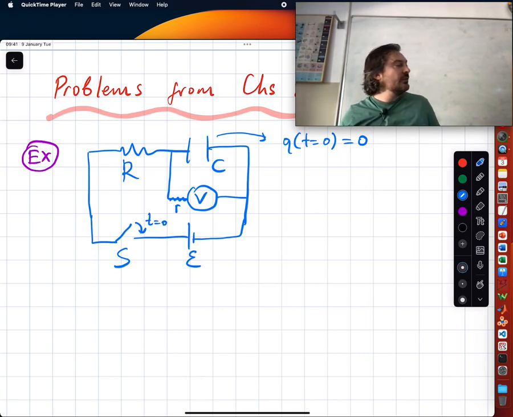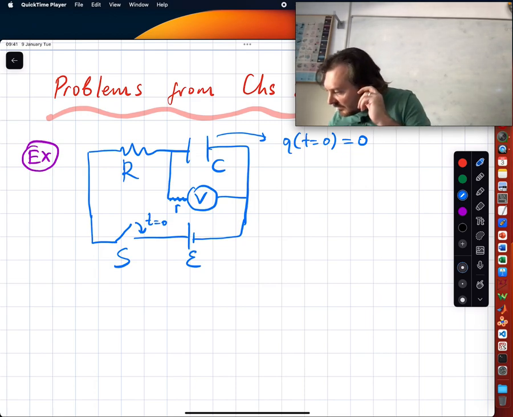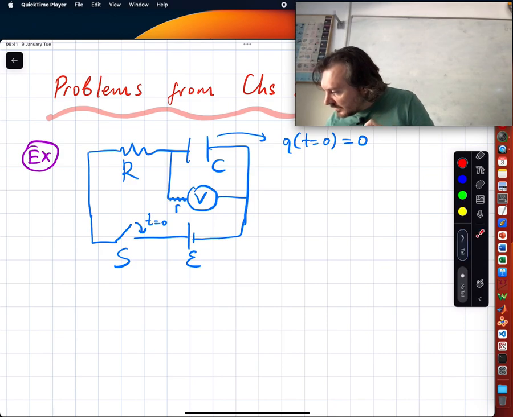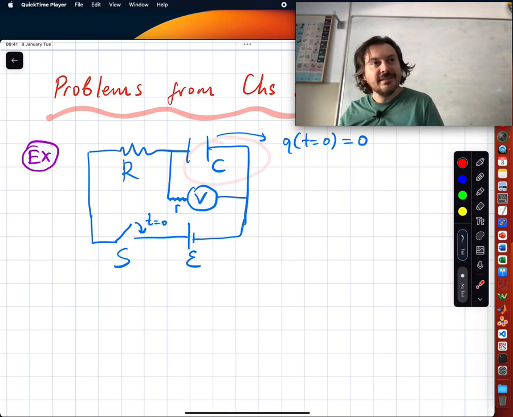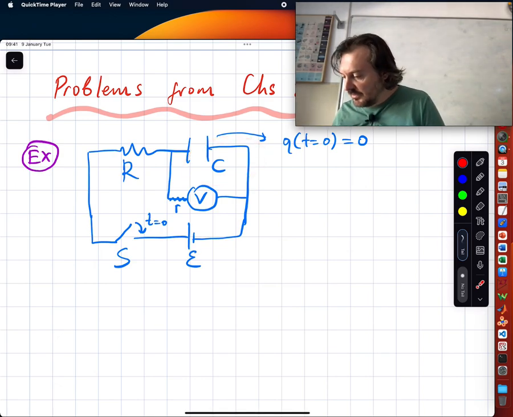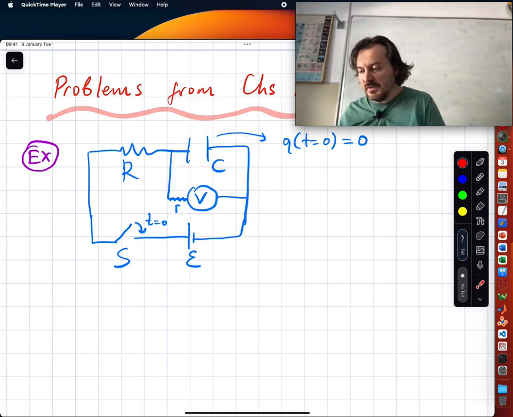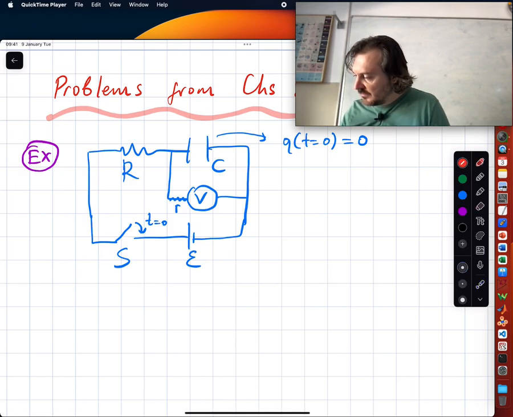Since the charge is 0, and the voltmeter is measuring the voltage across the capacitor, Q is 0, so the voltage is 0. That is the answer of part A. Part A, V at t equals 0 is 0.